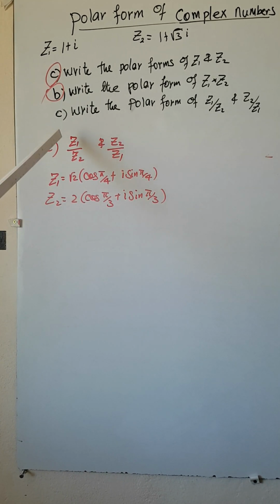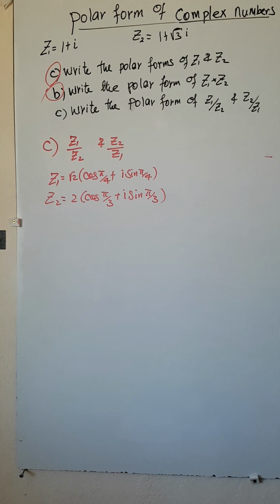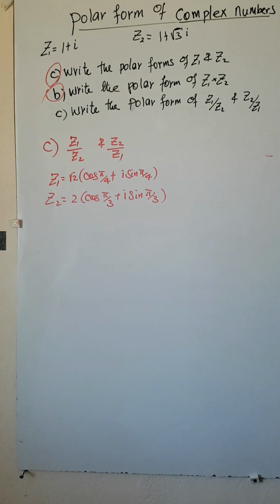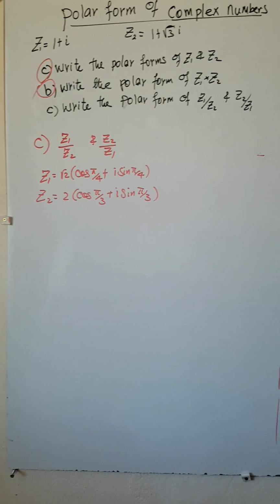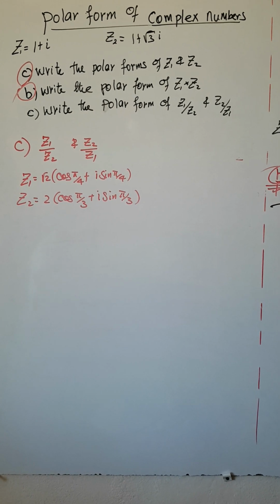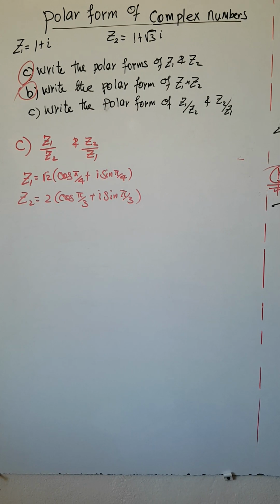Now part c is to find the ratio, or the division, the quotient of z1 and z2 and z2 to z1 in polar form. Again, in polar form, when we meet division of complex numbers, we simply take the ratio of the respective moduli, or r's, and the difference between the arguments.